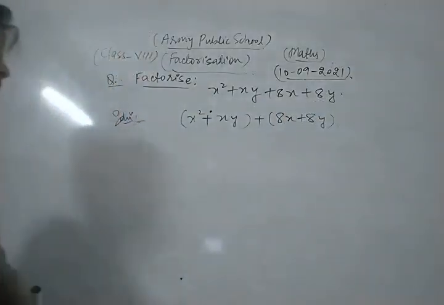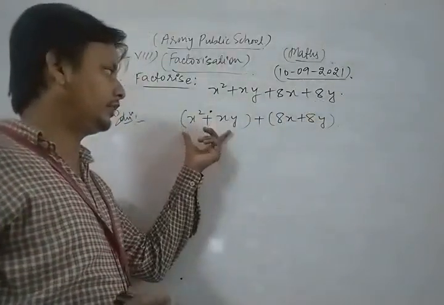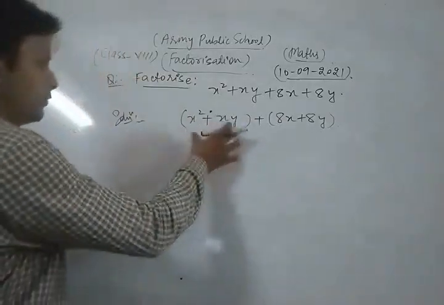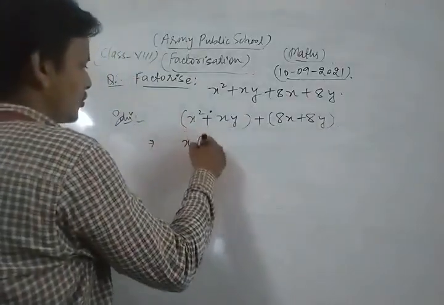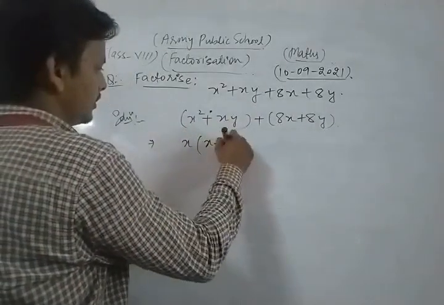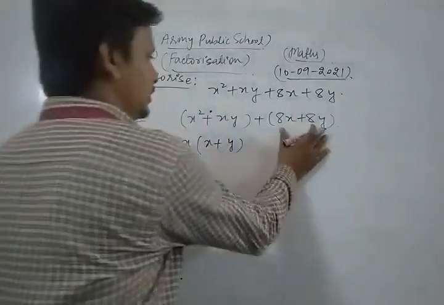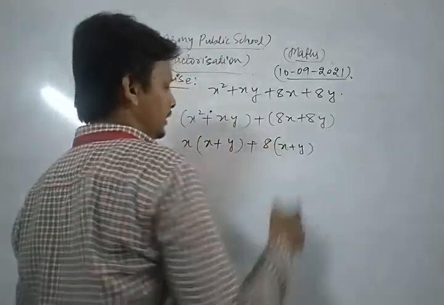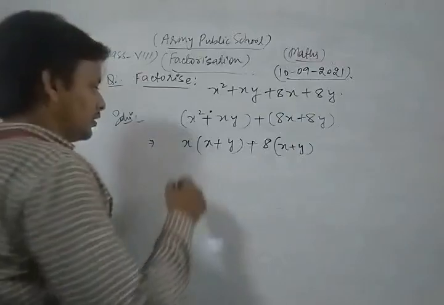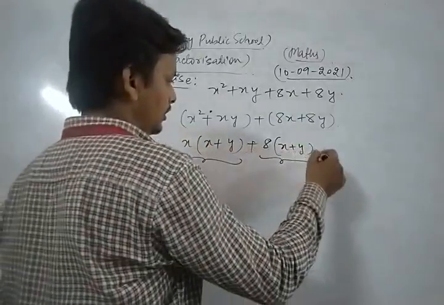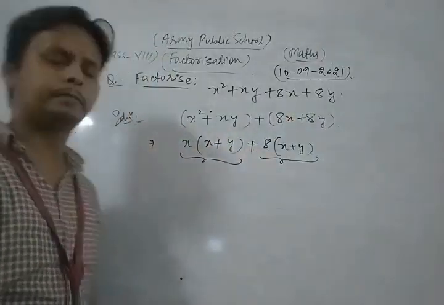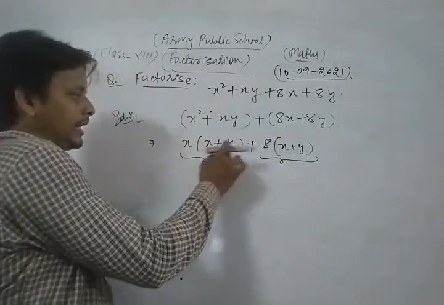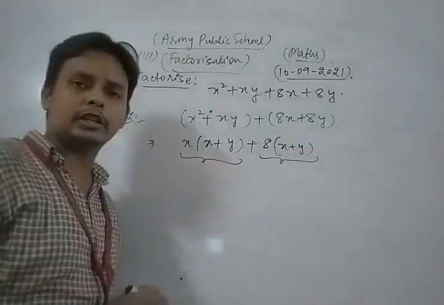Now we group the pair. From the first we take x as common, so we get x plus y, and from the second we take 8 as common, so we get x plus y. In this way we get two terms, and in both the terms the expression x plus y is common.